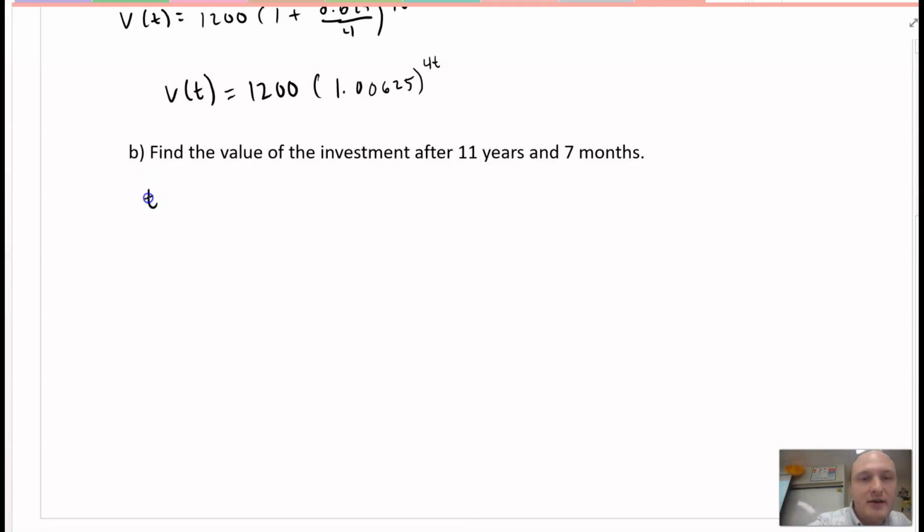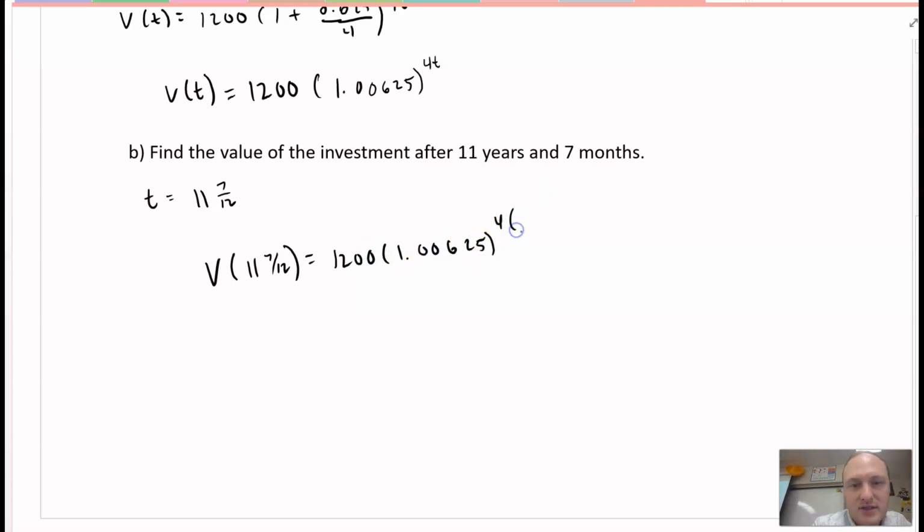Okay, so now I know that t is equal to 11 and 7/12. So I'm going to go ahead and plug that into my calculator, or into my function. So v of 11 and 7/12 is 1,200 times 1.00625 to the power of 4 times 11 and 7/12.